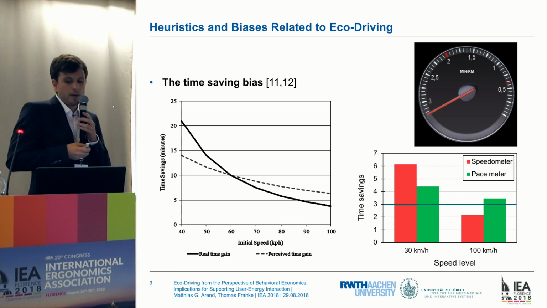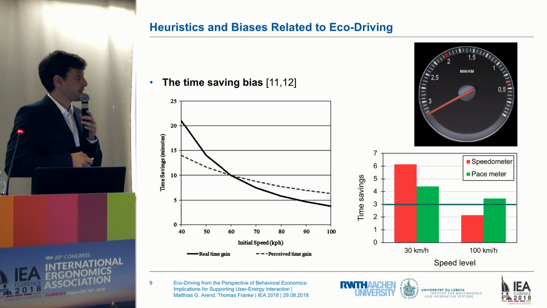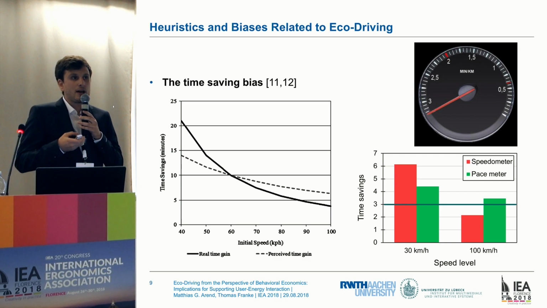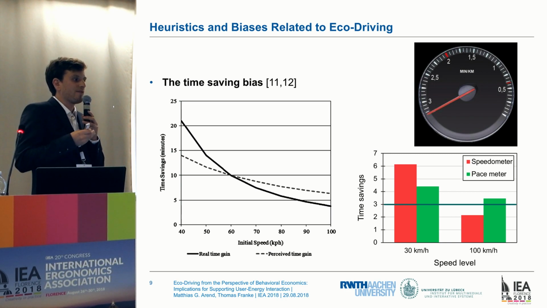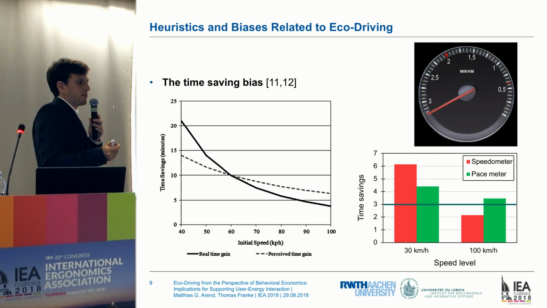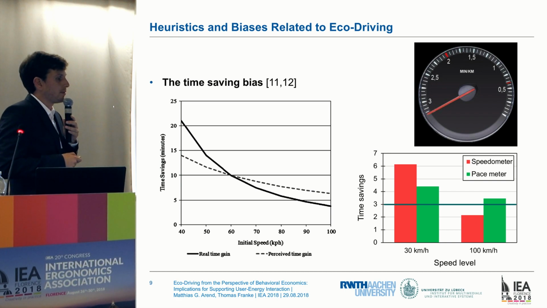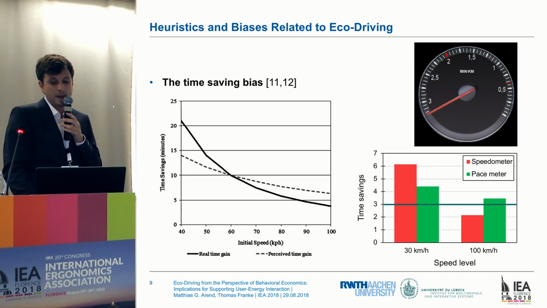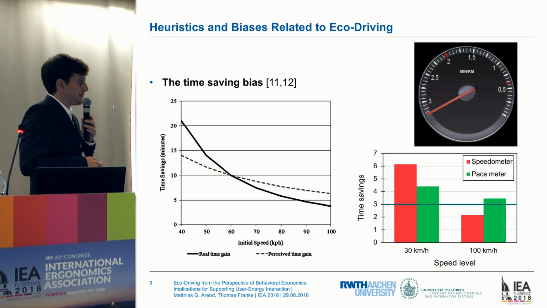Afterwards, one group of participants additionally received the pacemeter, and the task was given to them that they should drive faster in order to reach time savings of 3 minutes. The same task was also given to the second group, but they did not receive this pacemeter. They only had to base their decision on the speedometer, a conventional one. And what we can see, I have just included the line for 3 minutes here.